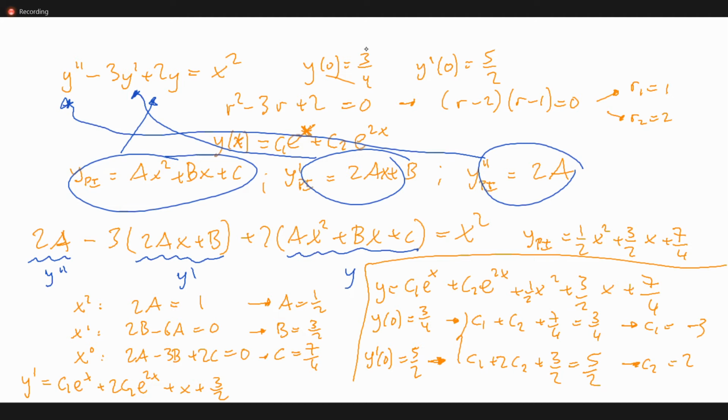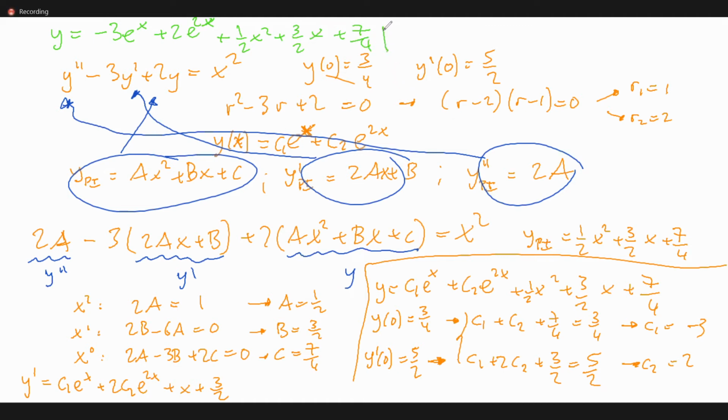So finally, we can write the exact solution to this differential equation as y is equal to -3 e to the x plus 2 e to the 2x plus 1/2 x squared plus 3 over 2x plus 7 over 4.